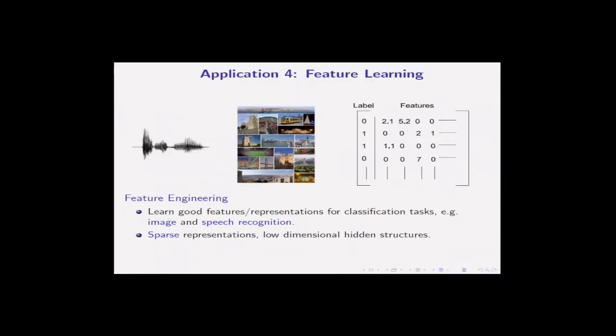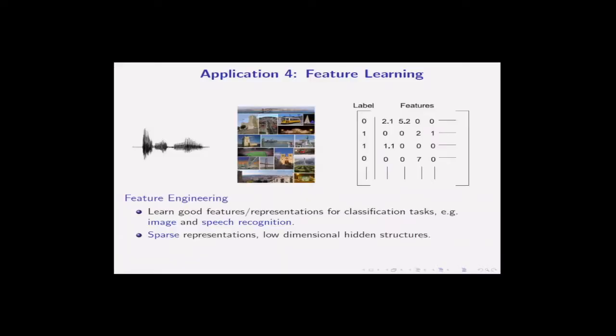So you can think of various settings where you want to learn a useful feature representation of your input data, so you can do many tasks such as classification efficiently downstream. So the intuition is that in this feature space, you have an efficient representation. For instance, it could be a sparse representation. It could have some low-dimensional structures, and so on.